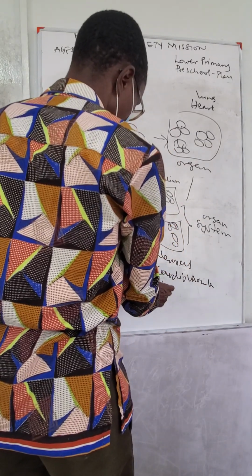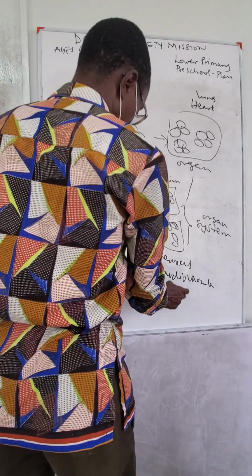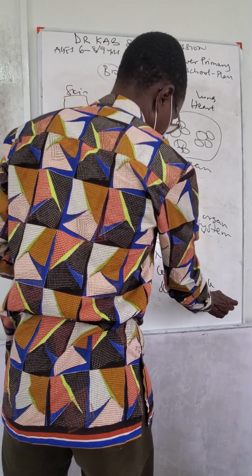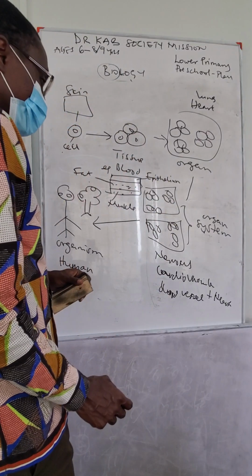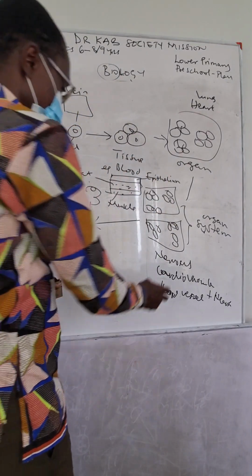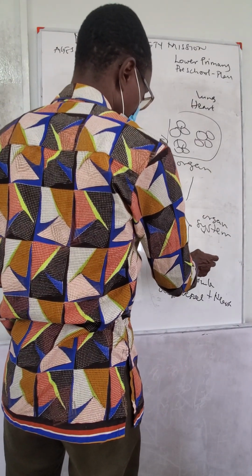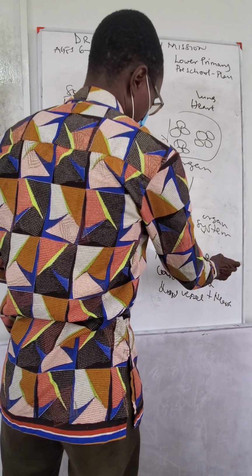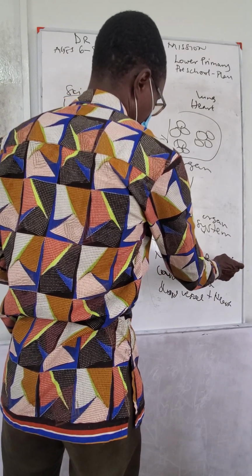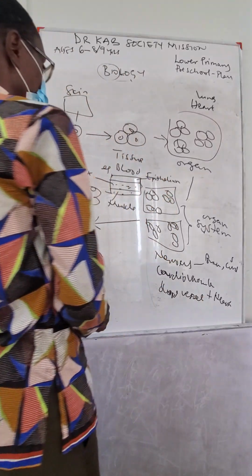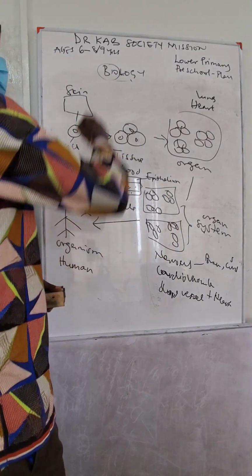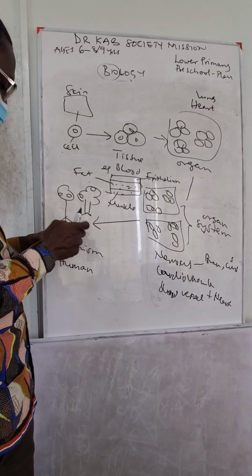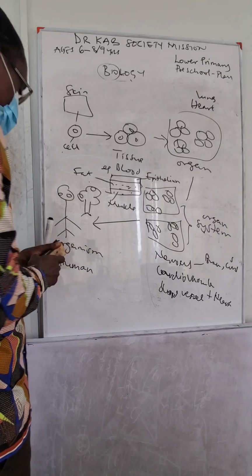Here we have the blood vessels and the heart coming together, forming the cardiovascular system. Then the nervous system, we have the brain and the spinal cord coming together, forming the nervous system. So you can sketch these to demonstrate. Now let's look at the life processes.